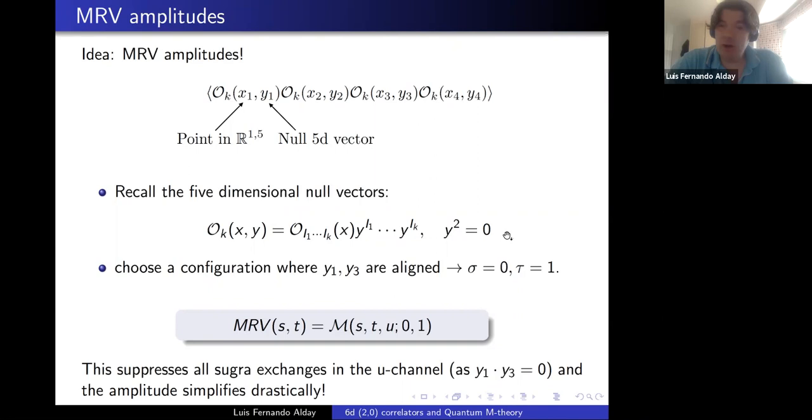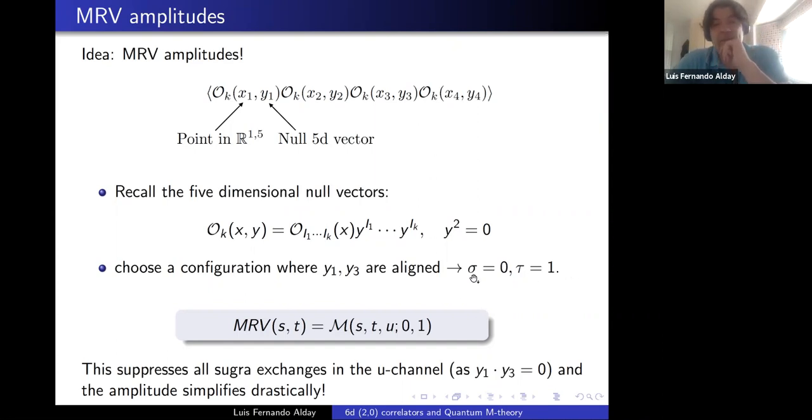So now we are going to choose a configuration where y1 and y3 are aligned. In other words, we choose y1 and y3 such that y1 dot y3 is equal to 0. In terms of cross ratios, this is equivalent to setting the cross ratio sigma to 0 and the cross ratio tau to 1. So we are fully fixing the R-symmetry by saying that sigma is equal to 0 and tau is equal to 1, okay?